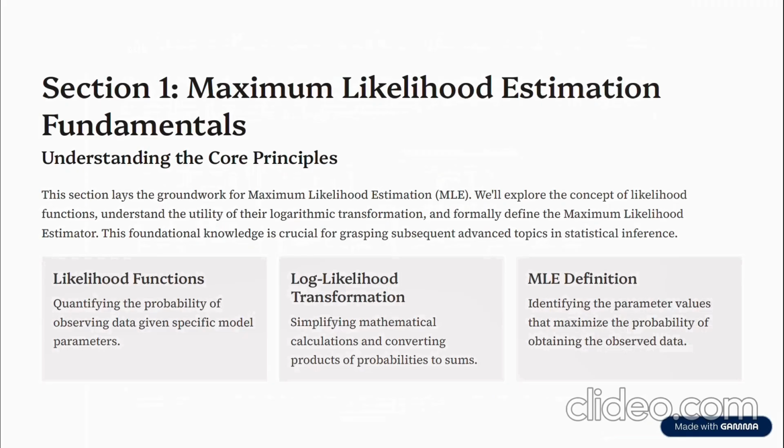Welcome to section 1, where we build the foundation for maximum likelihood estimation. We focus on three critical pillars: understanding likelihood functions, mastering log likelihood transformations, and defining the maximum likelihood estimator itself.